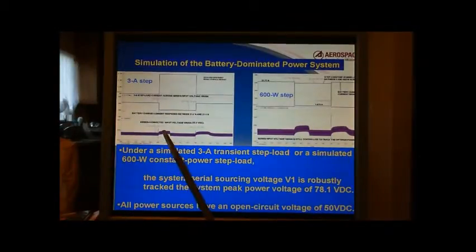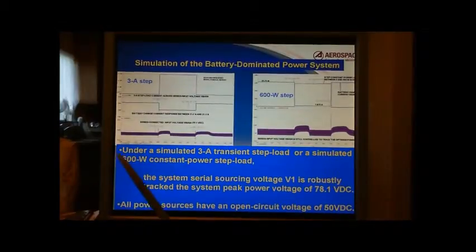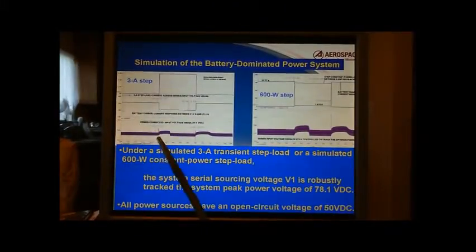Even though there is some slight transient, it will recover to the same peak power voltage, which is about 78 volts total. In other words, on average, it is about 3 power sources, 78 divided by 3, which is about 26 volts per power source.